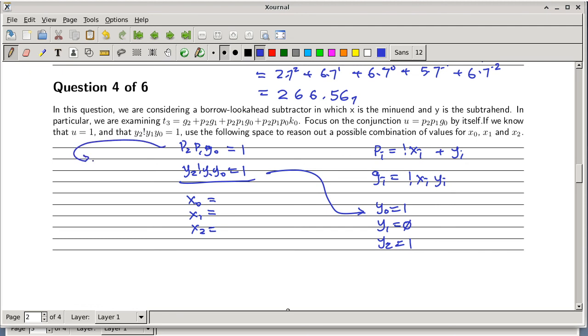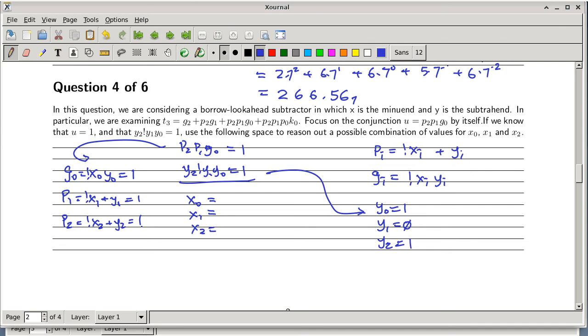So now we can use another pointer here. We now know that G0, which is x0, y0, is a 1. We know that P1, which is, oops, there's a negation here, negation x1 or y1 is a 1. We know that P2, which is negation of x2 or y2, is also a 1. Is that okay?